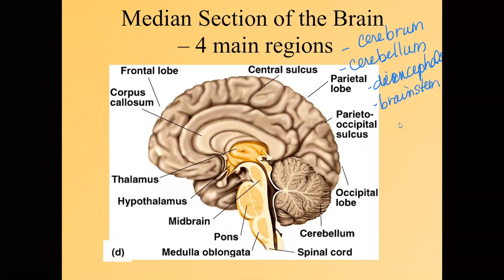Cerebellum, back here. Cerebrum, it's up here, higher order thinking. Diencephalon is in the middle. Brainstem, I don't have another color, is down here. All right, so that's the basics.